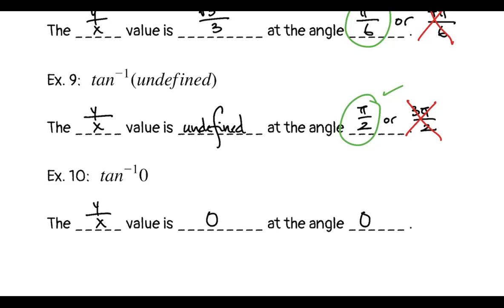Yeah, 0 or pi. Wonderful. Which one of those gets the big red X? Yeah, pi is too big, but 0 is perfectly between negative pi over 2 and pi over 2.